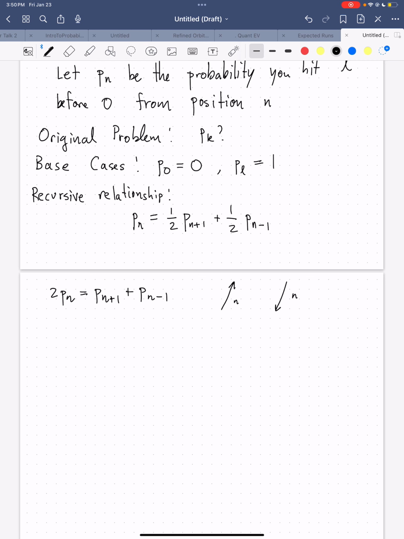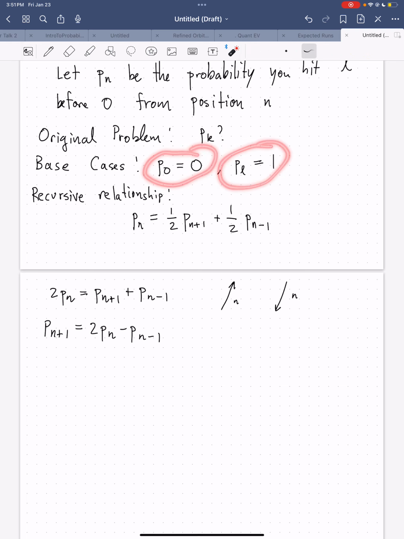So we could try n plus 1, which is 2pn minus pn minus 1. The idea is we're going to use one of our base cases and see which one works better. So 0 is certainly a nicer number than 1, so let's see what happens if we try that.